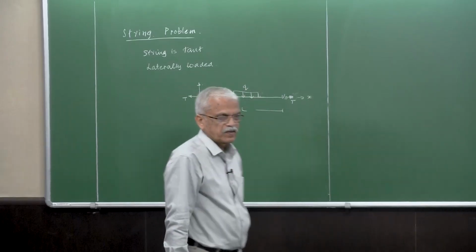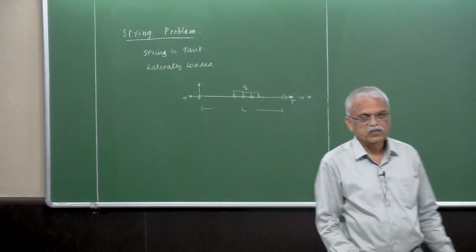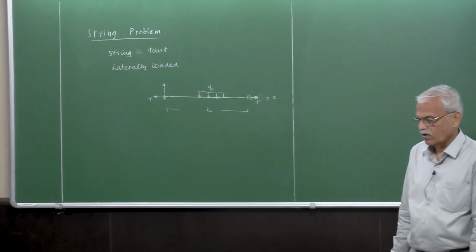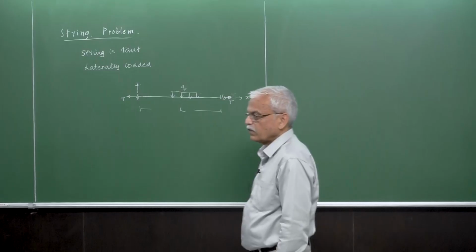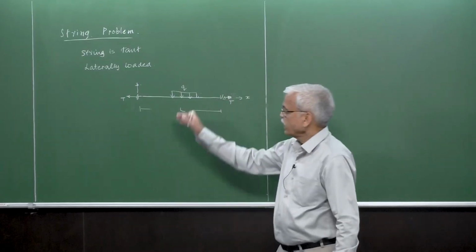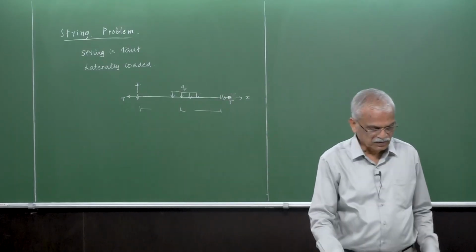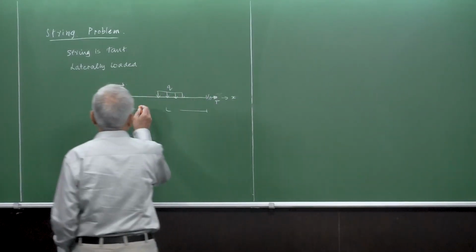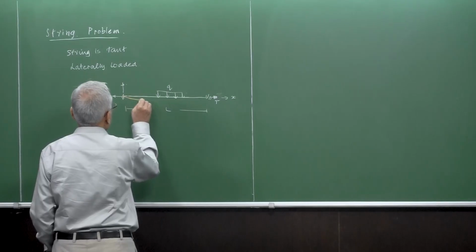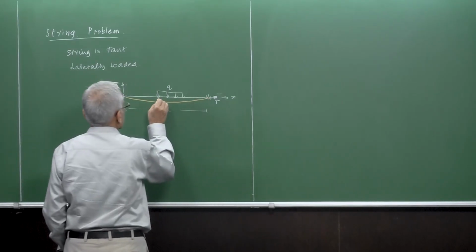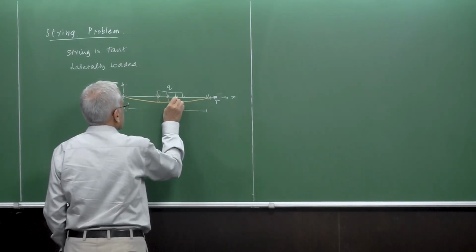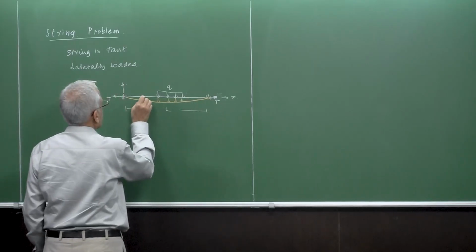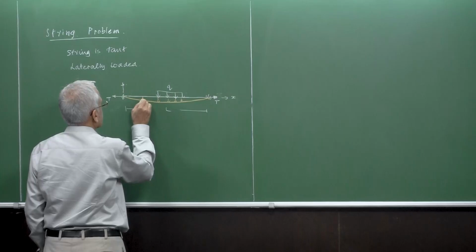it is loaded by a distributed force Q. Q is the intensity of load per unit length. So under this loading, what will happen here is that it is going to undergo a certain deformation. So let us call this the deformation here.